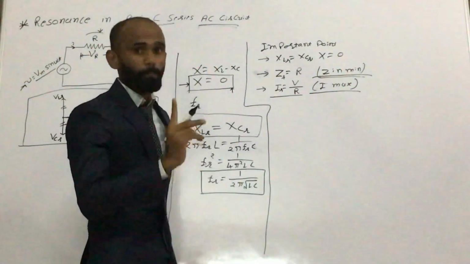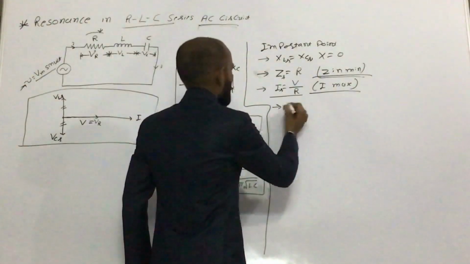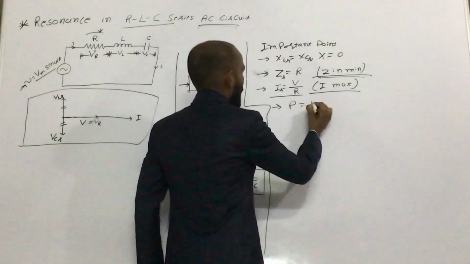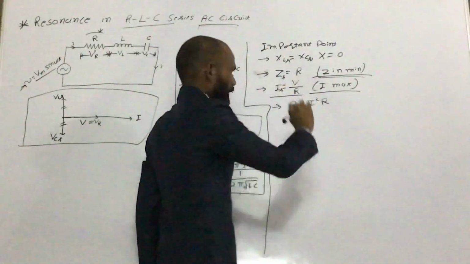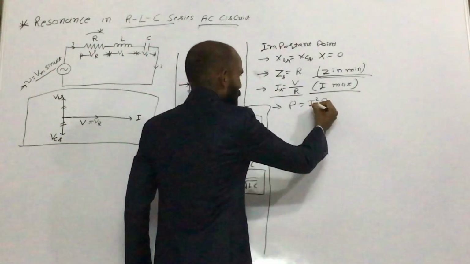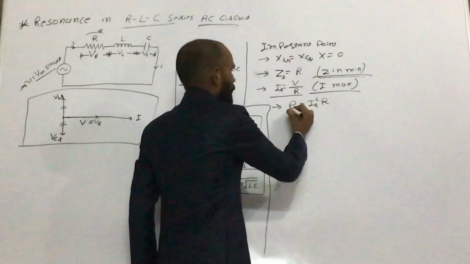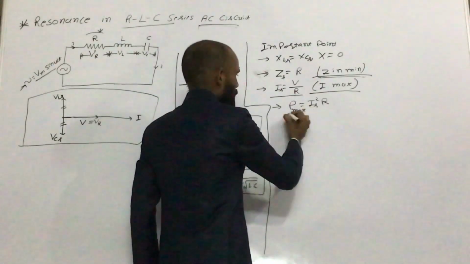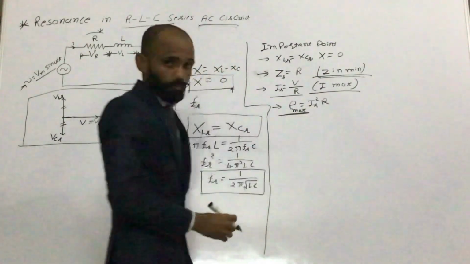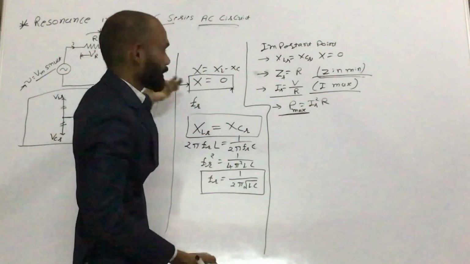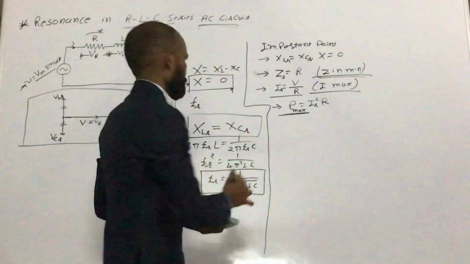Now we know that the power is given by P is equal to I squared R. If the current is maximum, then power is also maximum. So under resonance condition, power in an RLC series circuit is maximum.